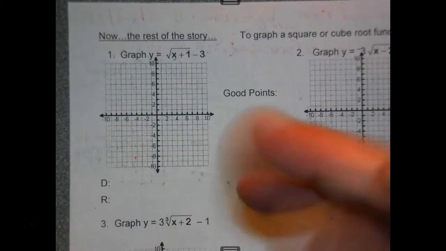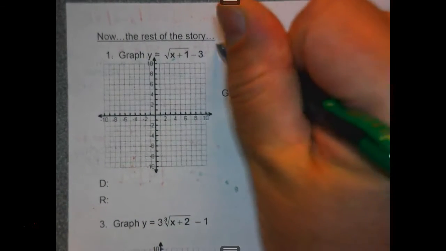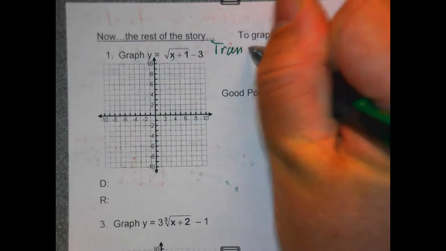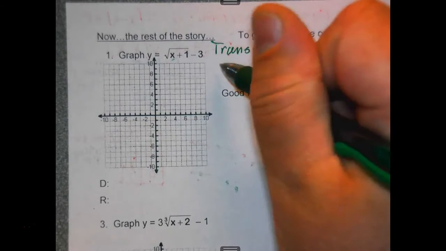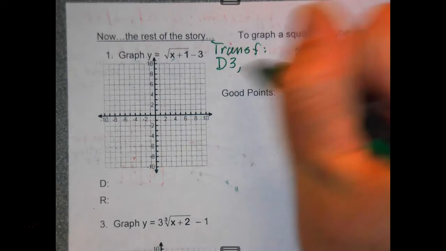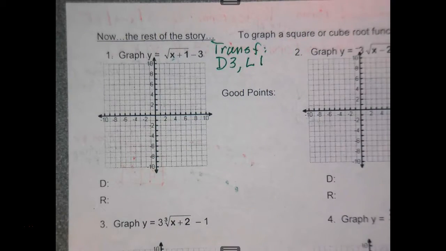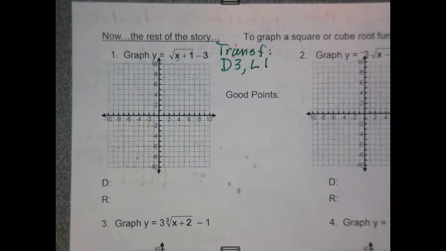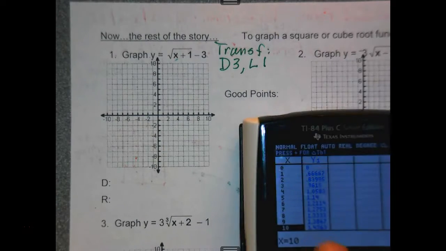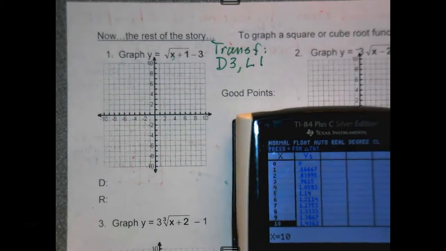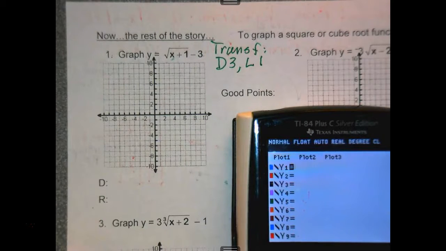What are my transformations? Down 3, left 1, good. This is a square root, so let's put that in our calculators. So I have the square root, which is the second key, x squared brings up my square root.